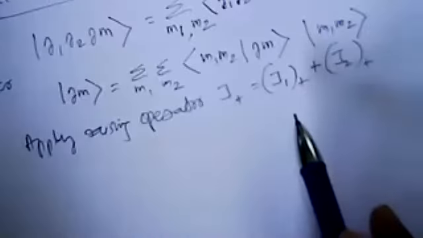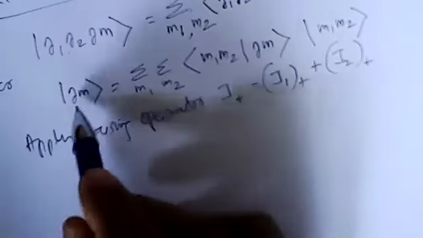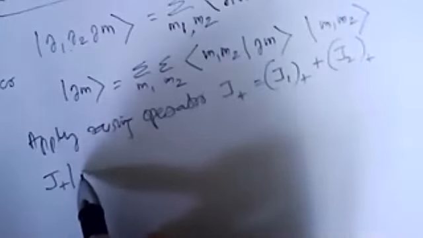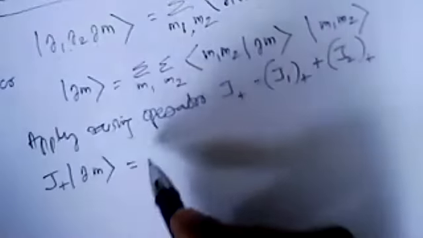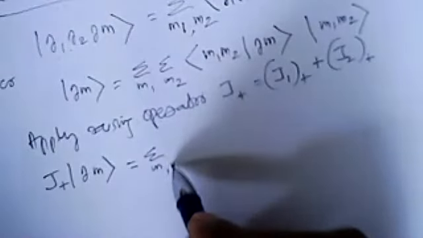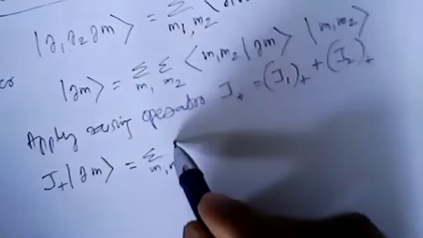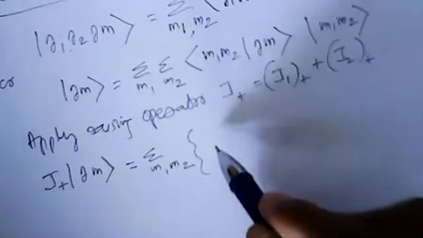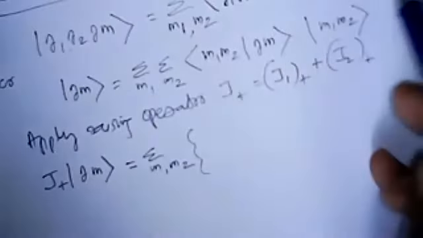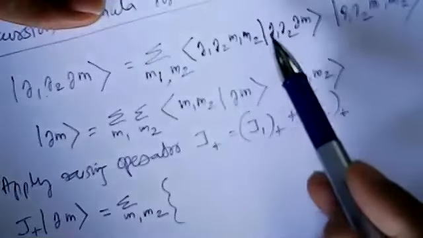So from the example discussed yesterday, it is very clear. So let J plus act on the left side. J plus acting on the left side equals sum over M1, M2, then the coefficient, which is like a constant.